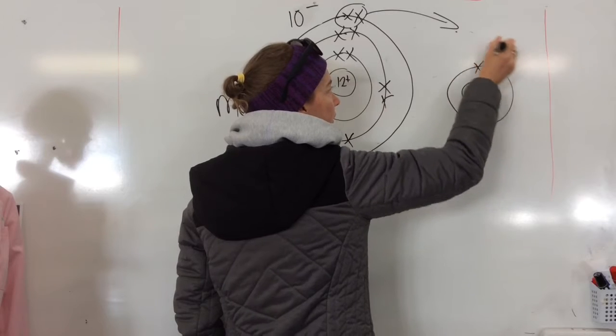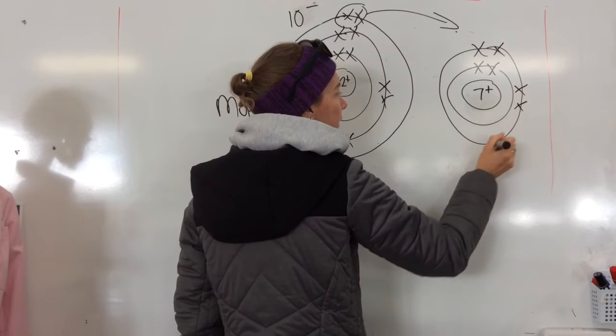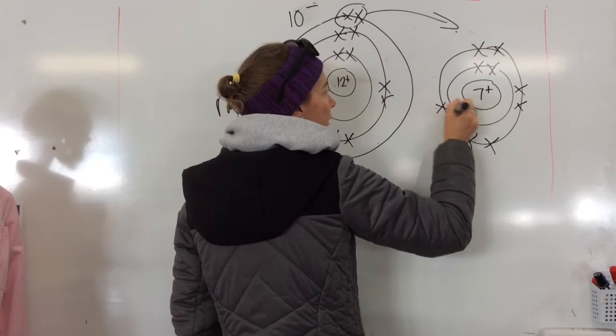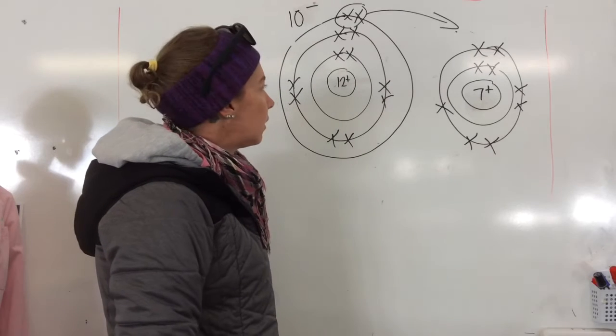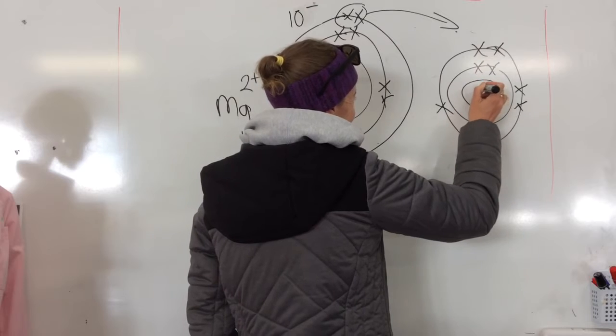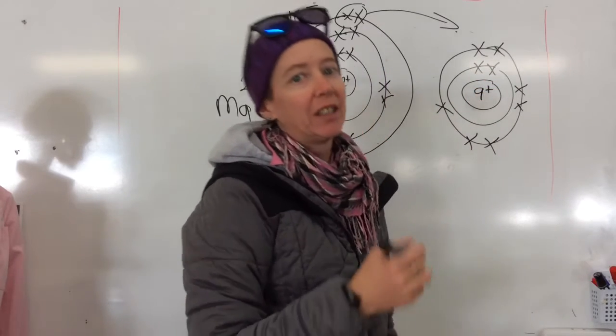First shell 2. Second shell 7. There are 9 protons because its atomic number is 9.